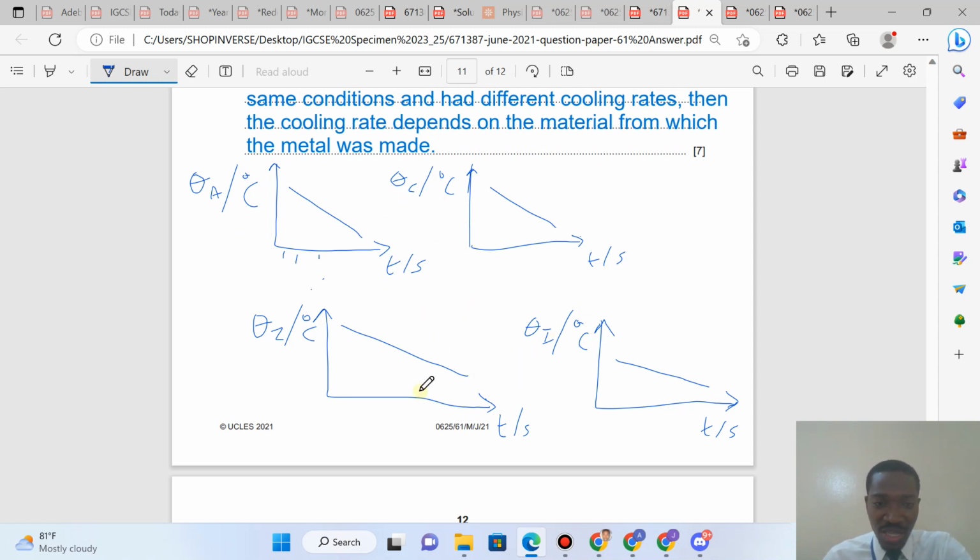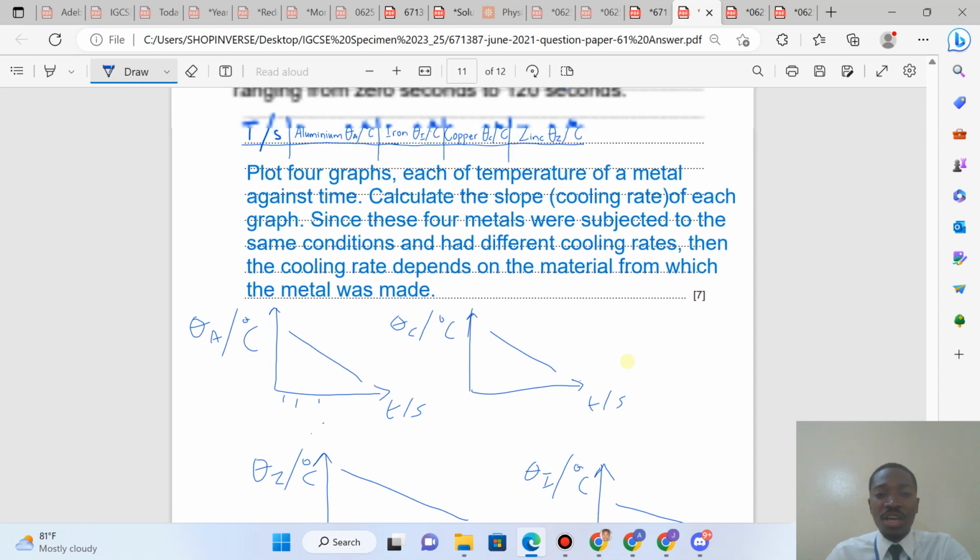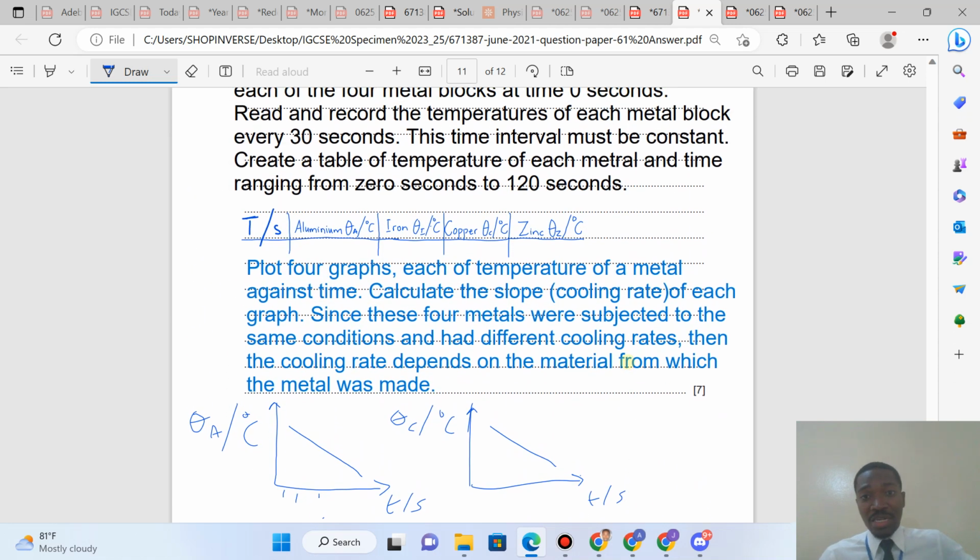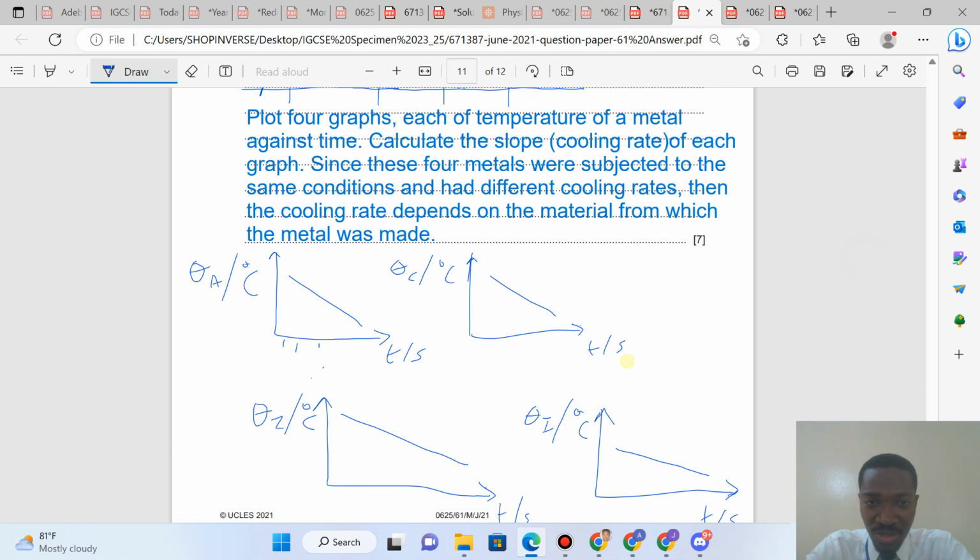Since there are different metals, they will have different cooling rates. The metal with higher specific heat capacity would have the lower cooling rate. That means it will cool down slowly. While the metal with the lowest specific heat capacity would have the highest cooling rate. That means it will cool down quickly. That's the effect of the specific heat capacity on cooling rate.